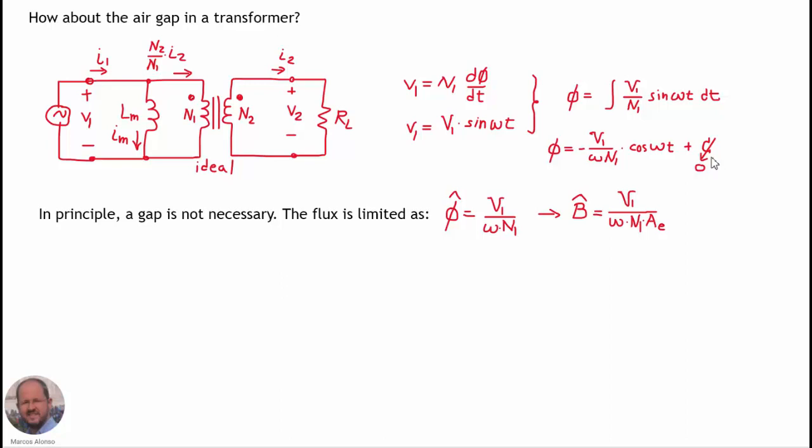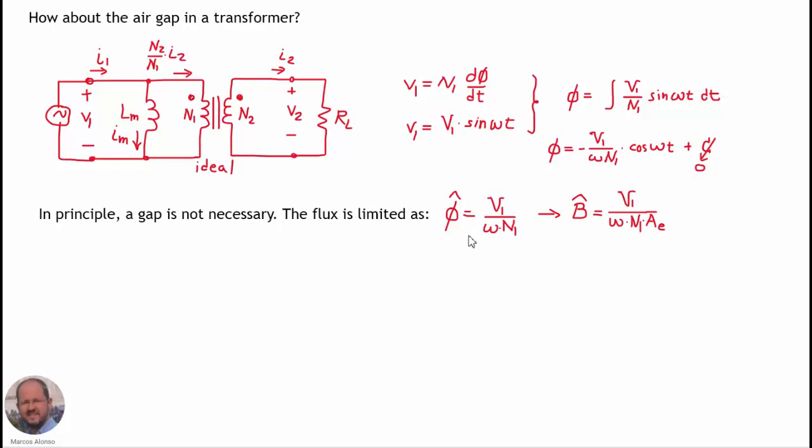Because the voltages across the primary and across the secondary are the derivatives of the flux with respect to time, there is not going to be any effect, and the AC components of the voltages are going to be related by the turns ratio. So in principle, we can see that a gap is not necessary.